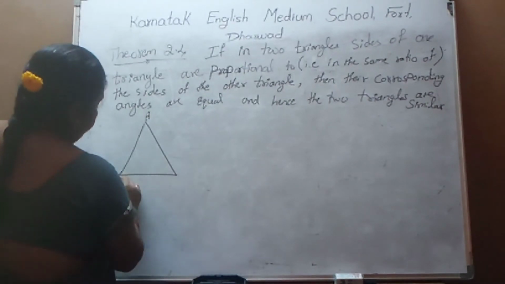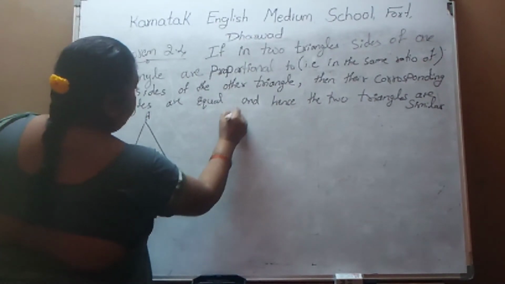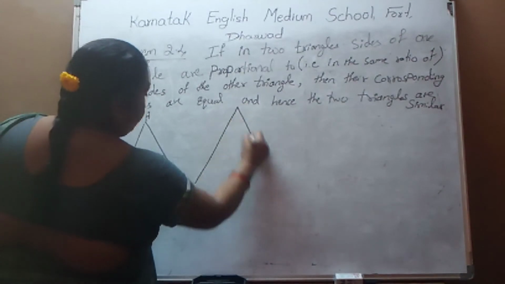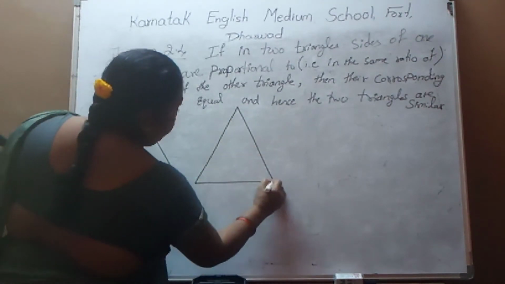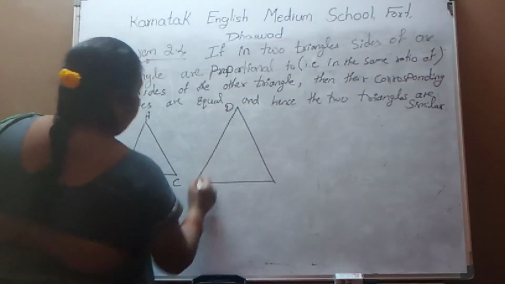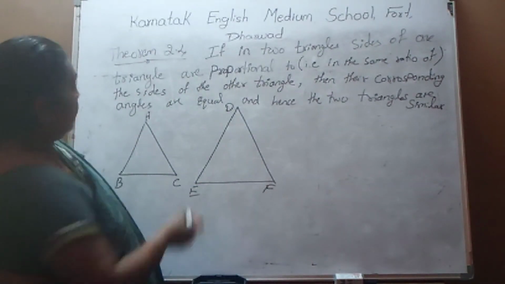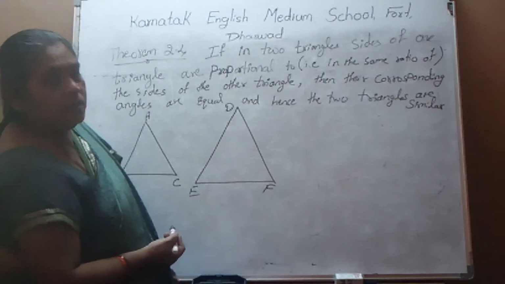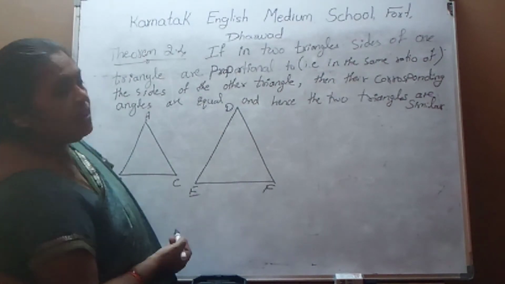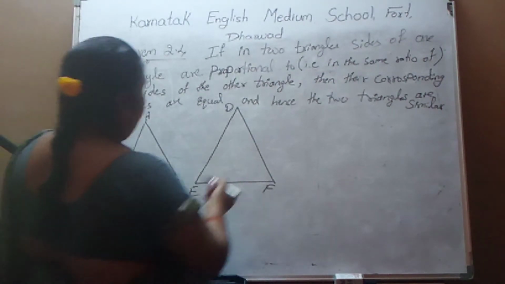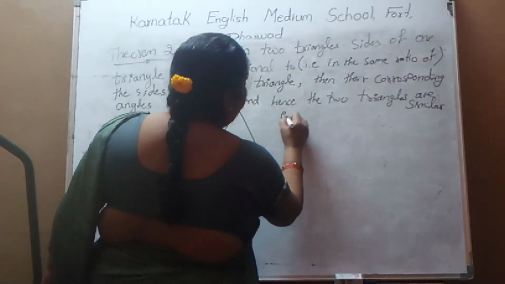See here. Here are two triangles, they are given: triangle ABC and triangle DEF. What are they given?